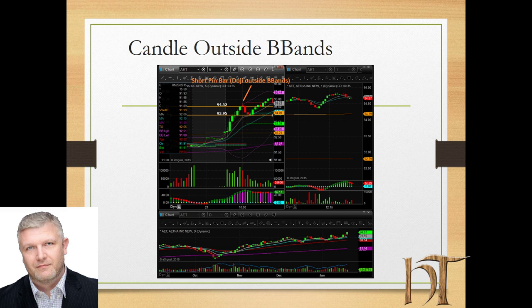For me, what I do instead is I just look for a candle to close, or at least open, but ideally to close fully outside the Bollinger Bands. Okay, so for me, it's kind of like you have this strong momentum, this big surging volume shooting up, and then you have this final candle right here.